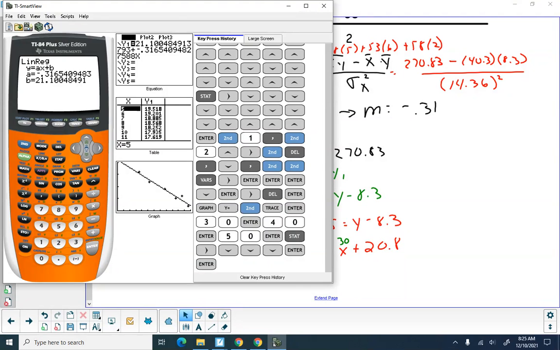As you get closer to 1, the stronger the correlation coefficient.